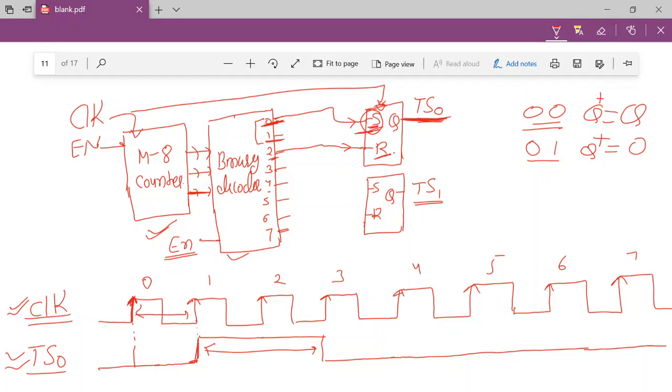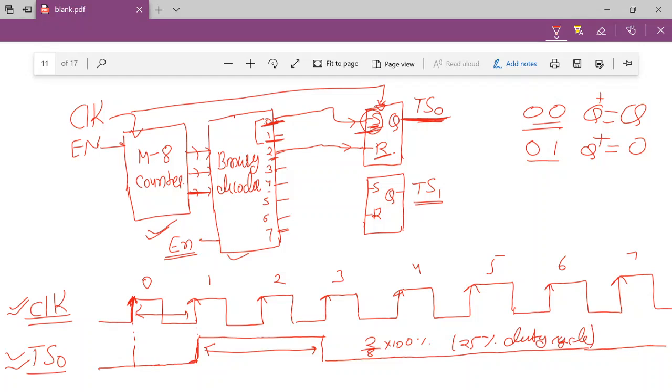It is remaining high for 2 clock cycles among 8 clock cycles, so you can say it is 2 by 8, which is 25%. So it's a 25% duty cycle signal.